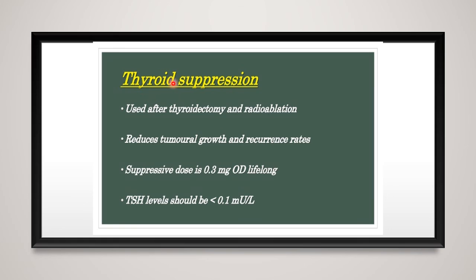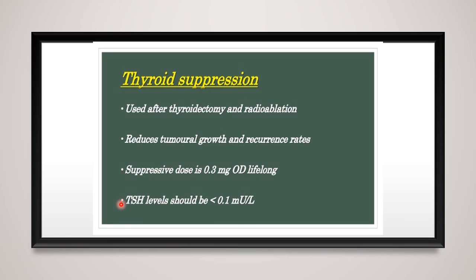Okay, so thyroid suppression is usually used after thyroidectomy and radioablation, for thyrotoxicosis, for example. It reduces the tumor growth and recurrence rates after surgery. The suppression dose is 0.3 milligrams per day for life, whereas the maintenance dose is only 0.1 milligrams.